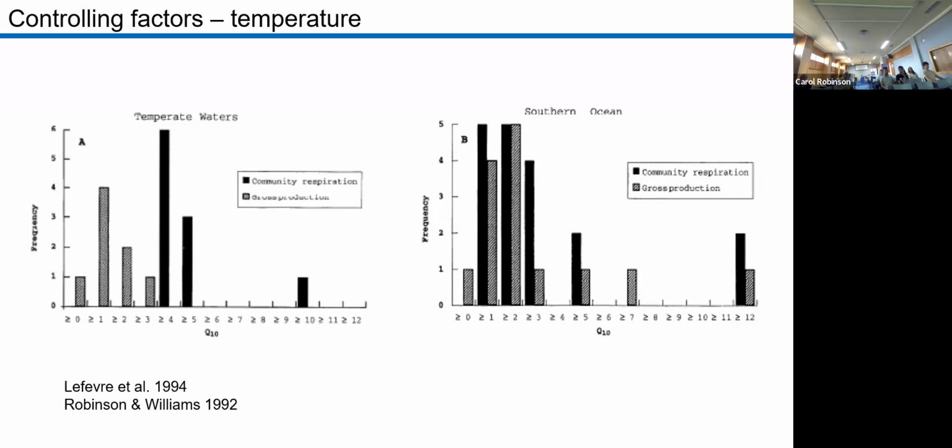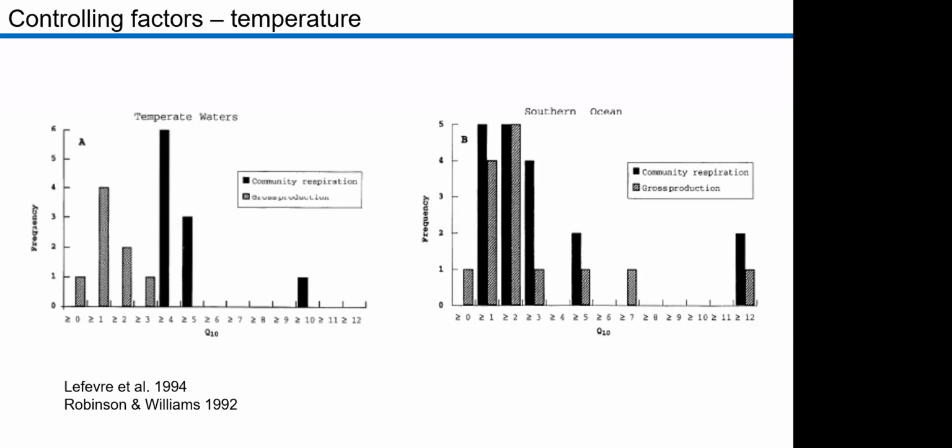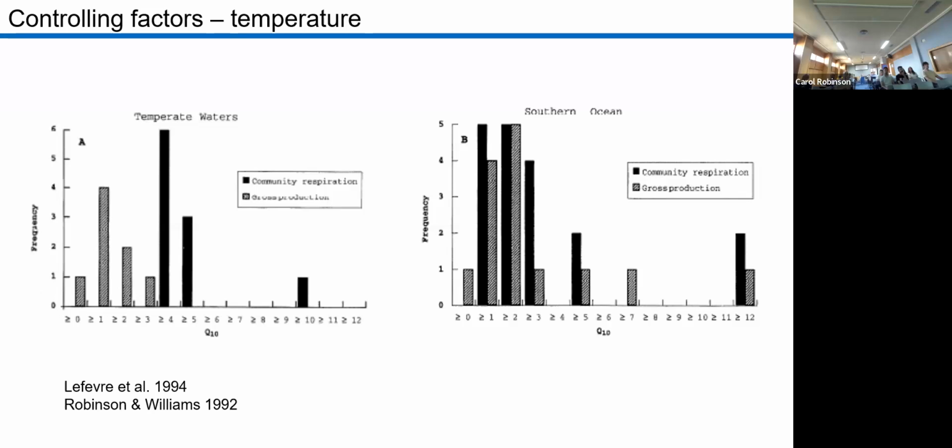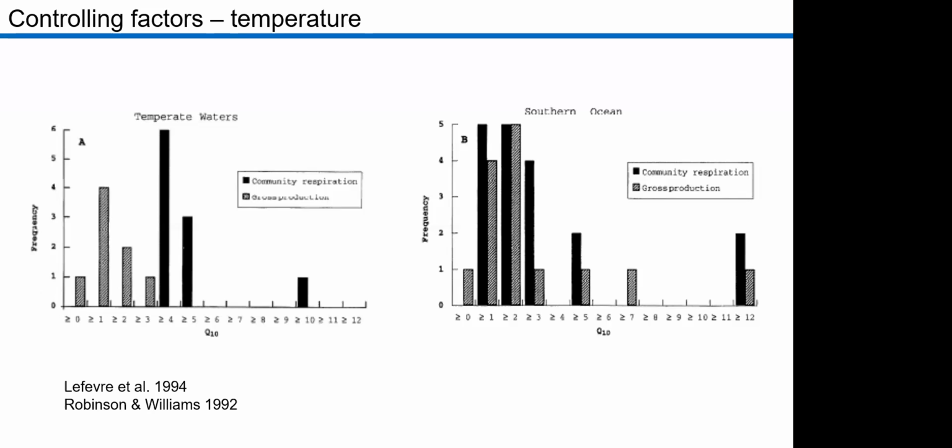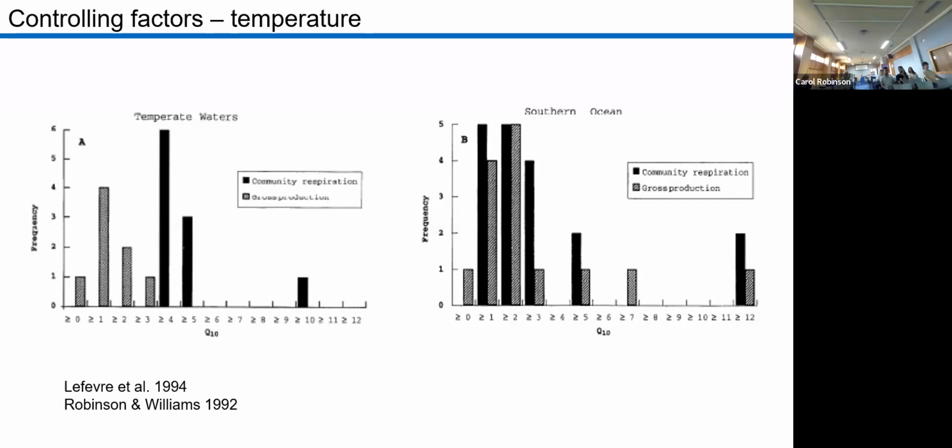You can see the Q10 values for respiration are higher than the ones for photosynthesis. So if you increase the temperature, you privilege respiration rates, so the heterotrophy compared to the autotrophy.